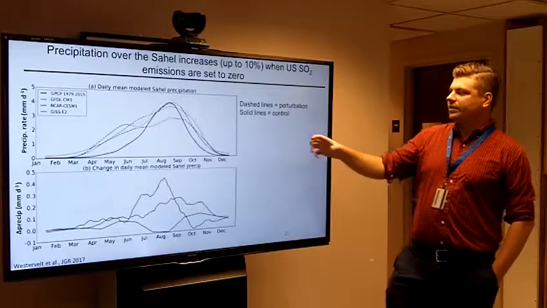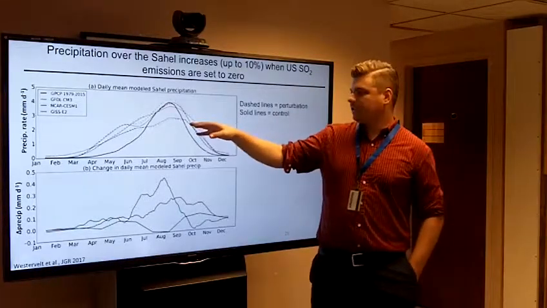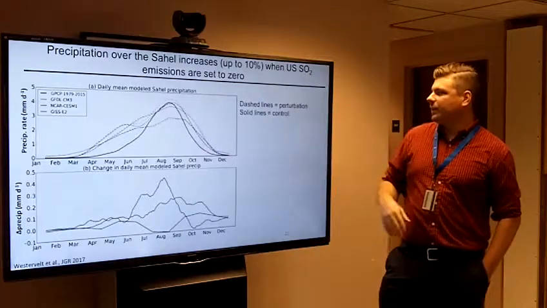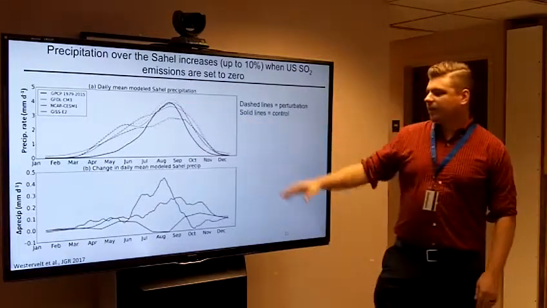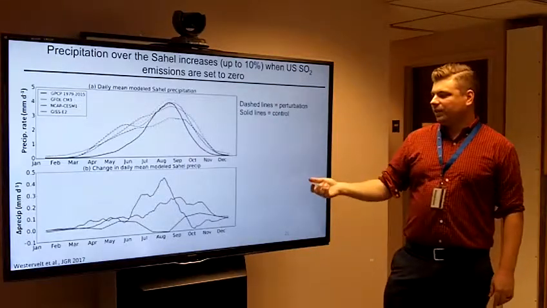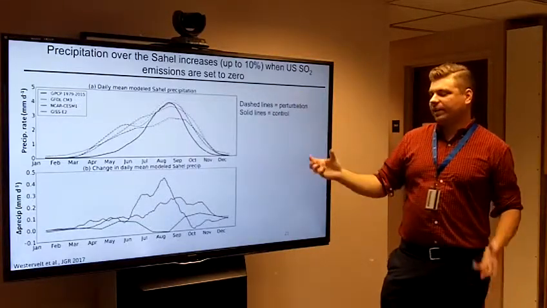You can see that the solid lines are the control run precipitation over the Sahel, and the dashed lines are the perturbation. So you can already see there's an increase going on. The bottom plot is if you just take that increase and plot that, or take that delta.